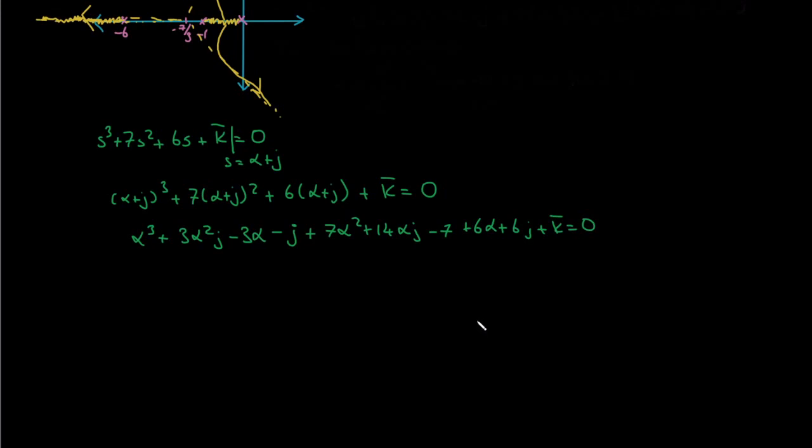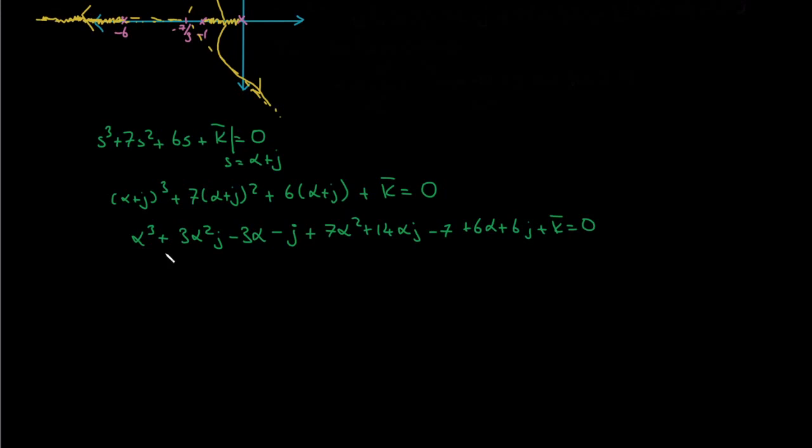Alright, so in order to find both alpha and k bar, I do have one equation, but I can equate the real part of the left-hand side and the imaginary part of the left-hand side separately to 0, and find alpha and k bar values by using those two equations.